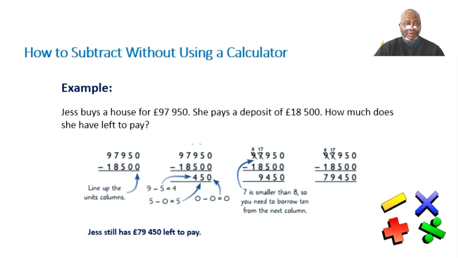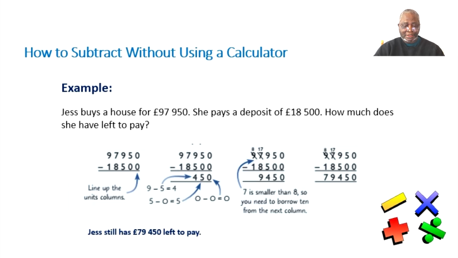7 minus 8, problem. You cannot. So what you need to do is you borrow 1 from the 9. 9 becomes 8 and 7 becomes 17. 17 minus 8 is 9. And then 9 becomes 8, so 8 minus 1 is 7.